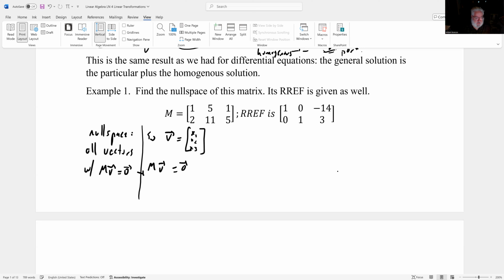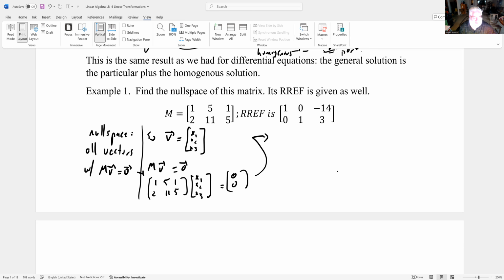So M times V equals 0 is 1, 5, 1, 2, 11, 5 times x1, x2, x3 equals 0, 0. And if we set this up as an augmented matrix, it's 1, 5, 1, 2, 11, 5, 0, 0. So that's the augmented matrix that we get for this matrix equation.